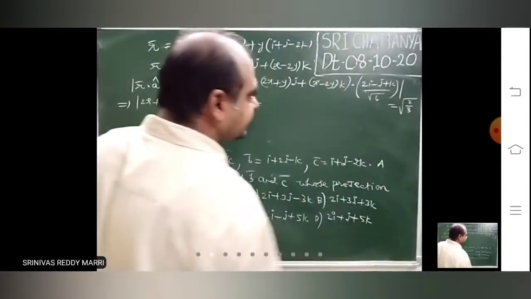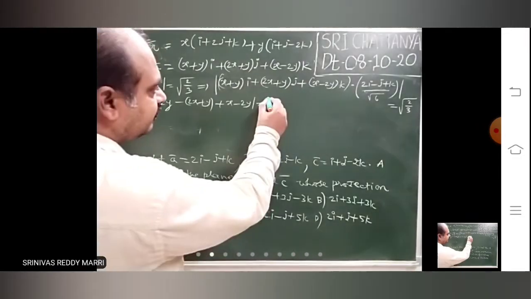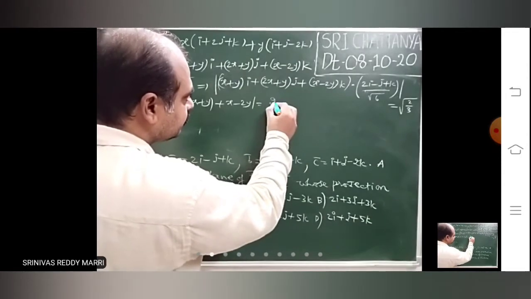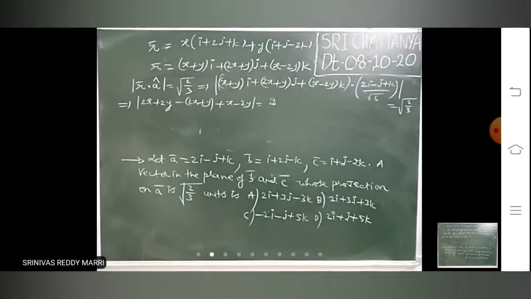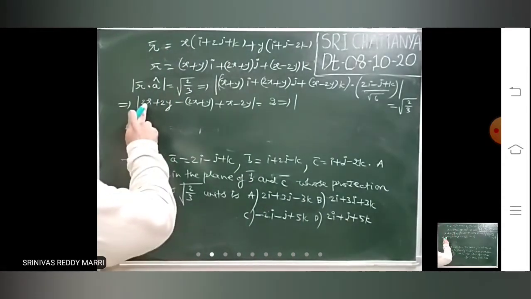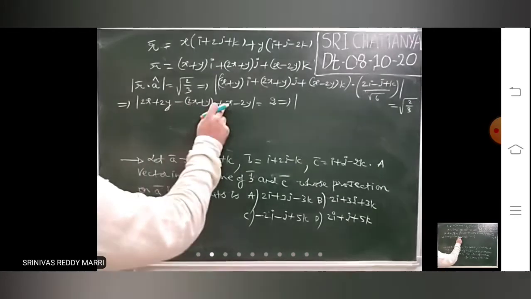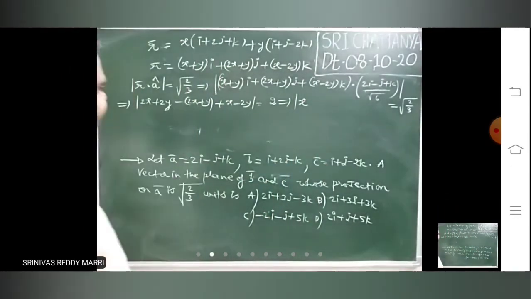Root 6 bring to that side: root 6 into root of 2 by 3 means root of 6 into 2 by 3, that means root 4, that will become 2. So look at it: 2x minus 2x cancel, 1x will remain.